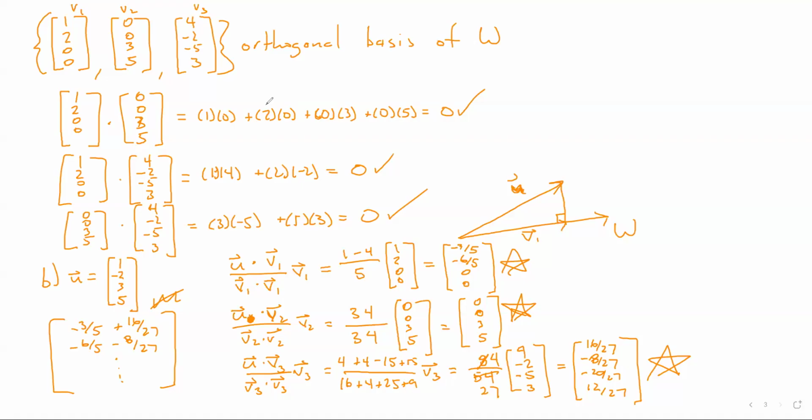And it had this method where you glue all the vectors together and call it A, call u vector B, transpose the main matrix, and then use A transpose A inverse times A transpose B. So that is a method for doing this, but the question I was looking at says, find the orthogonal projection of u onto W equals span of v1, v2, v3 without inverting any matrices or solving any systems of linear equations.